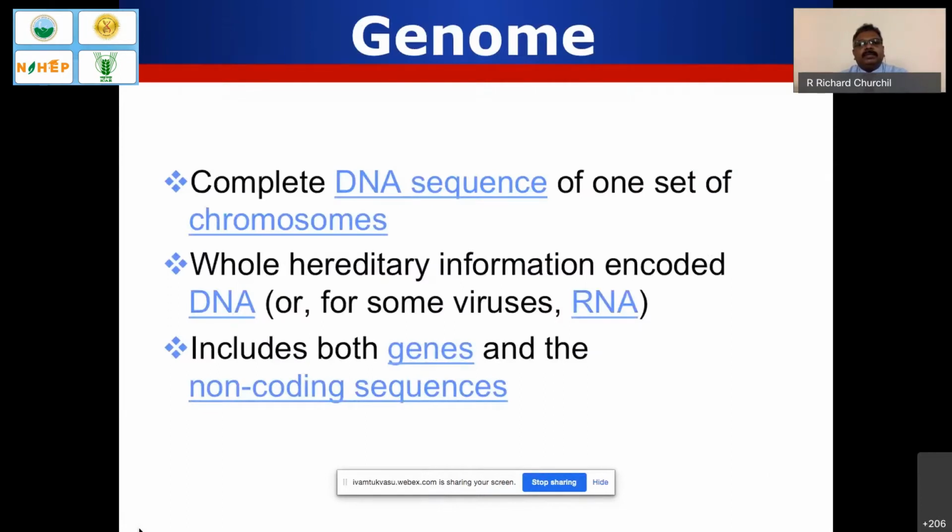So this genetic material, the DNA, is packed in chromosomes. The number of chromosomes varies from species to species. And this genetic information is transferred from parents to offspring.